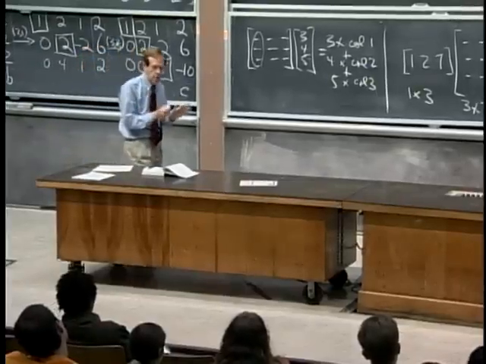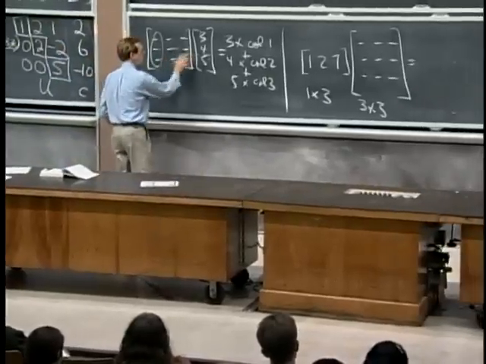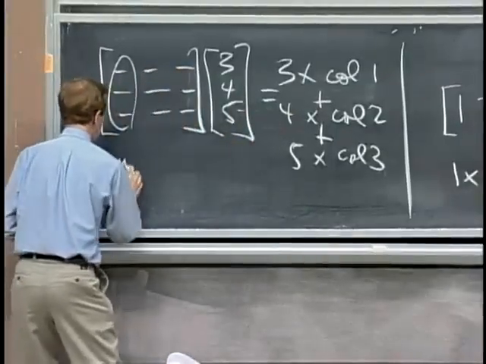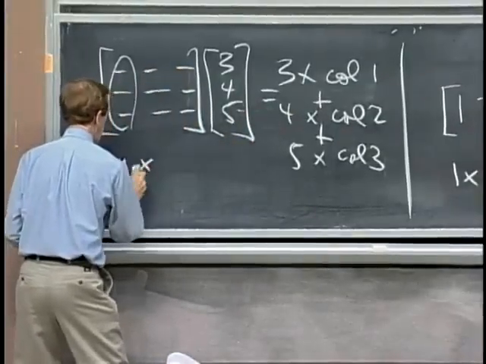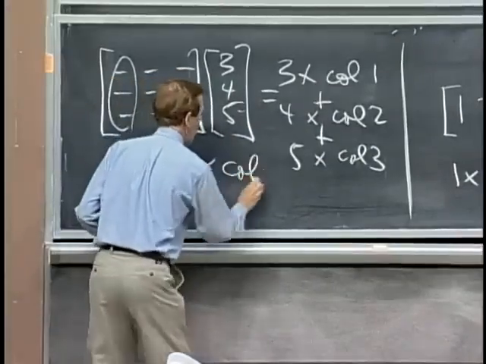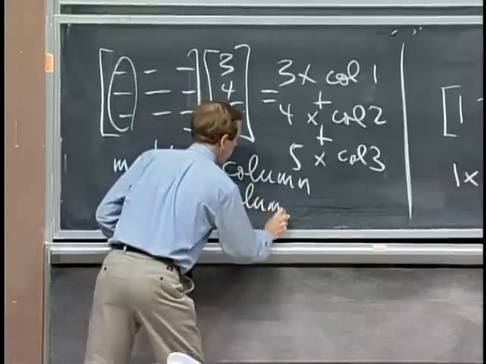It's a row. A matrix times a column is a column, and we know what column it is.